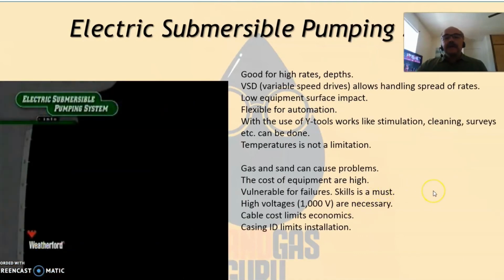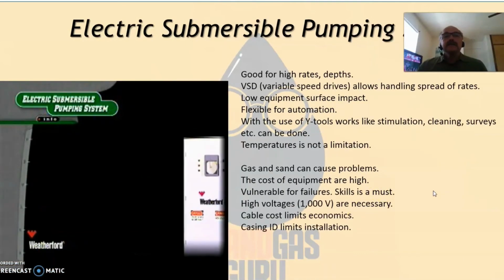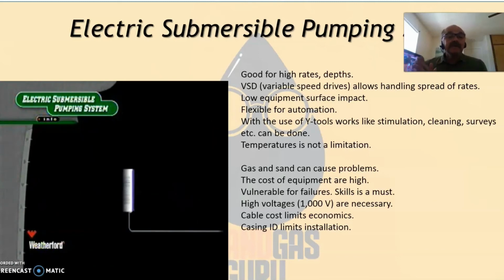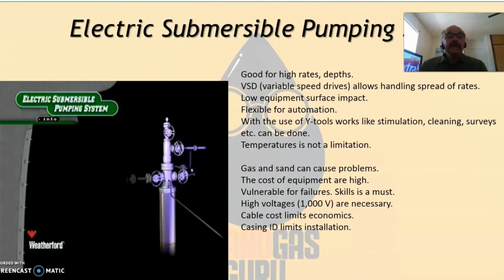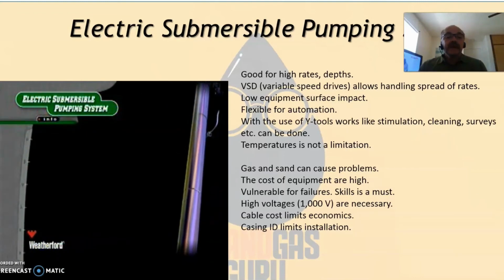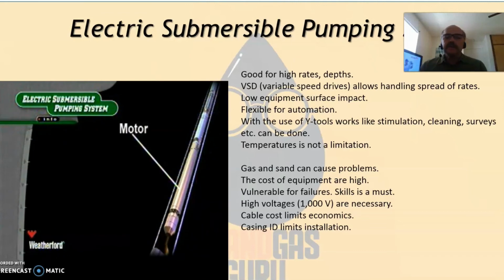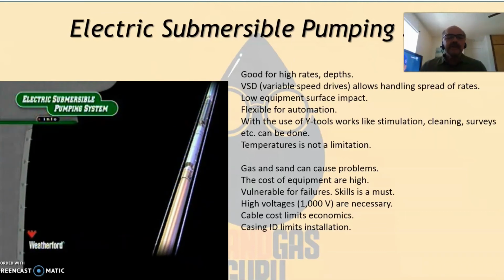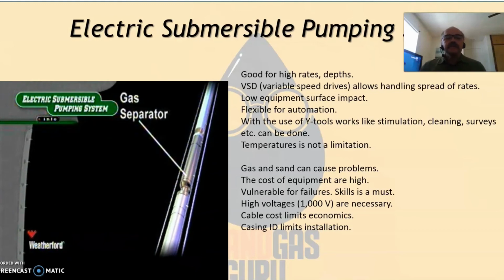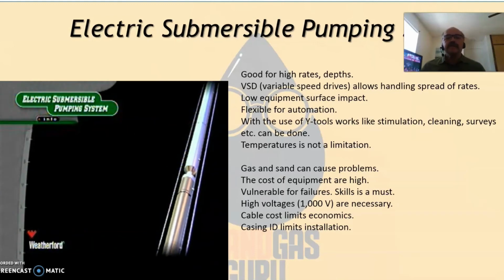Finally we have the electric submersible pumping, which is for high rates. Like we said before, this is very used nowadays in high rate wells, and also in not so high rate, because they have built pumps to make it flexible for everybody.